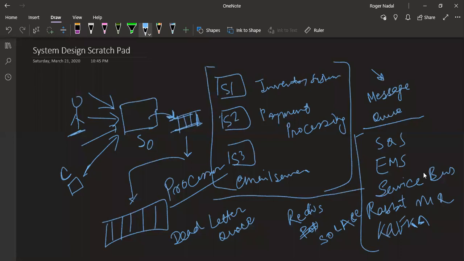But somebody also asked, what is this dead letter queue? What we are going to do is take those messages which are failing, dequeue them from there and put them into a special queue, which we can call a poison queue or dead letter queue, and we'll have different processors, which may have the same logic.